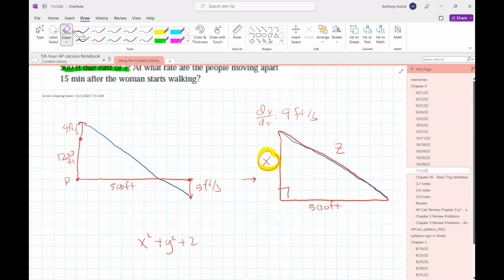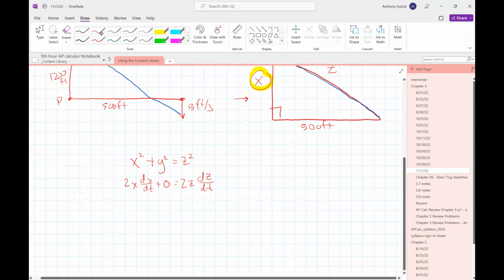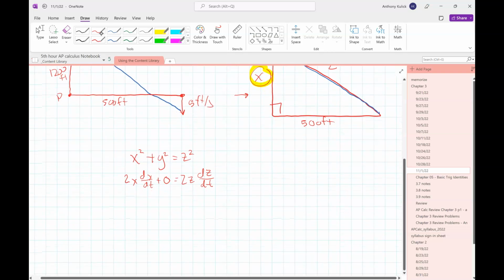So if we use our Pythagorean theorem, we get that. Now, why did the y squared become 0?